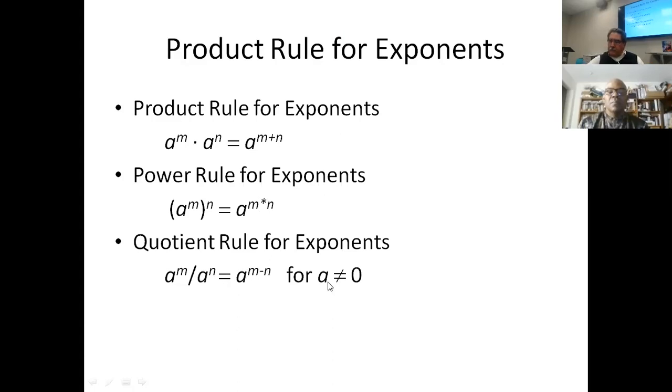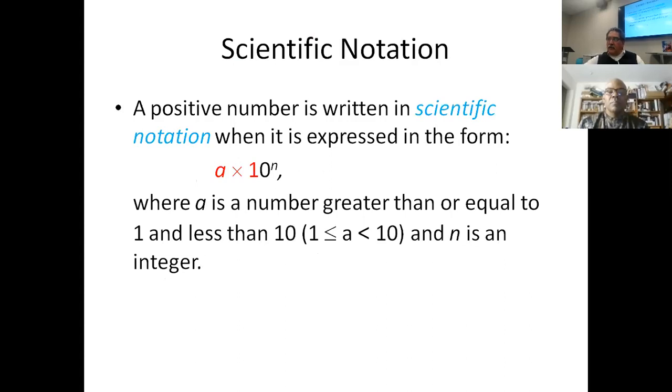All right? Now, scientific notation is this: when you have a number a times 10 to the power of n, where a is any number greater than or equal to 1 and less than 10. This form of writing is called scientific notation.